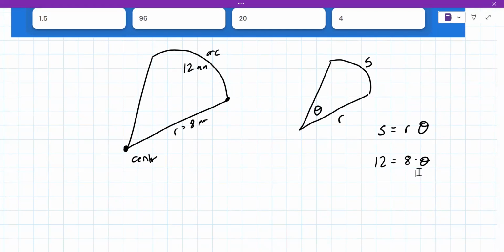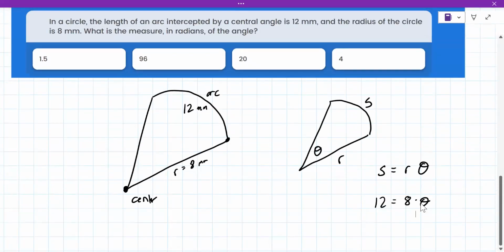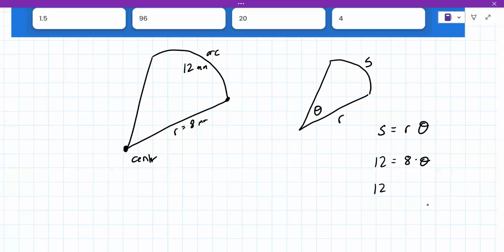Like, how do we do 8 times theta? It's a variable. It's some sort of variable. If you don't like theta, you can call it x. Okay. I'll call it x. So how do you solve for x in this equation?